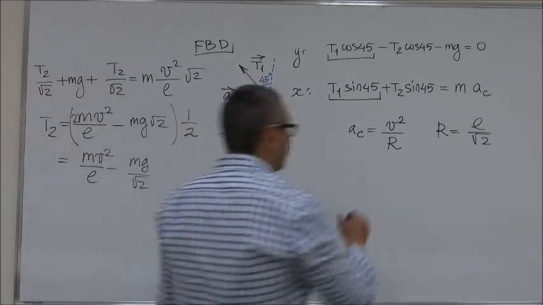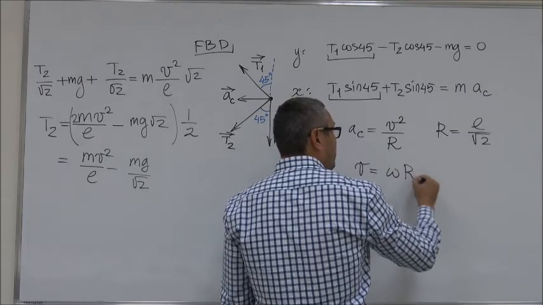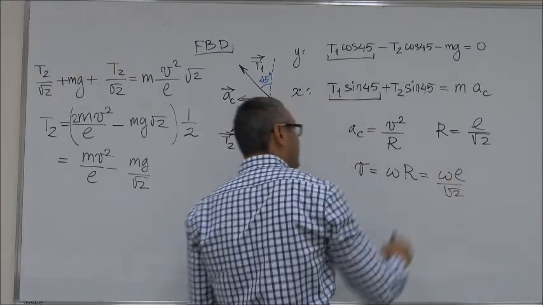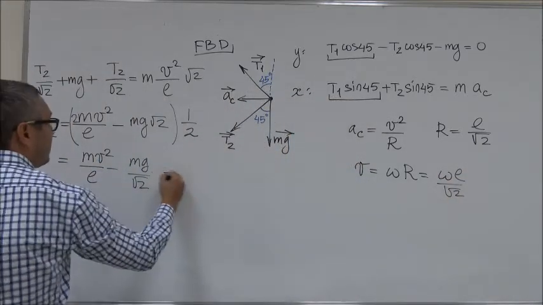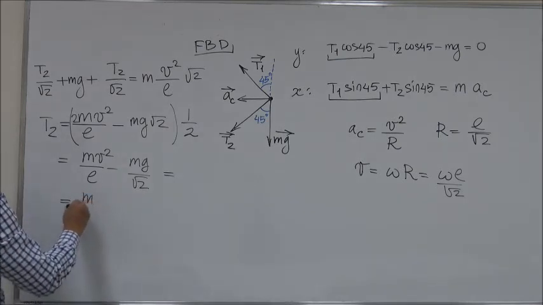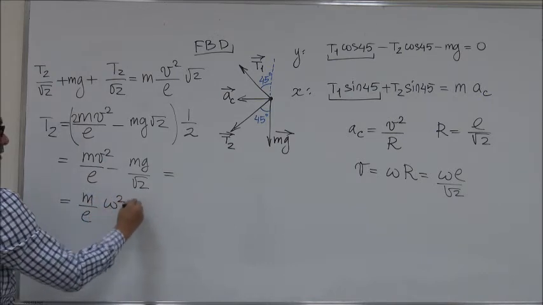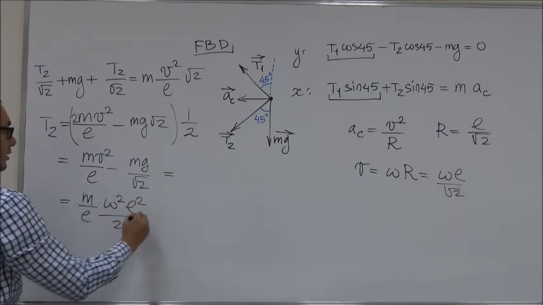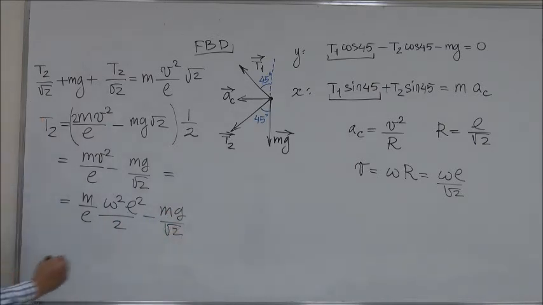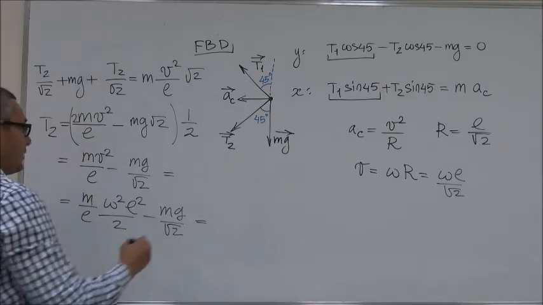How can we relate V to omega? Well, we know that V is equal to omega R, or omega L over square root 2. So let's use this in this equation. So we have m over L, V squared is omega squared L squared over 2, minus mg square root 2. So this can be simplified.